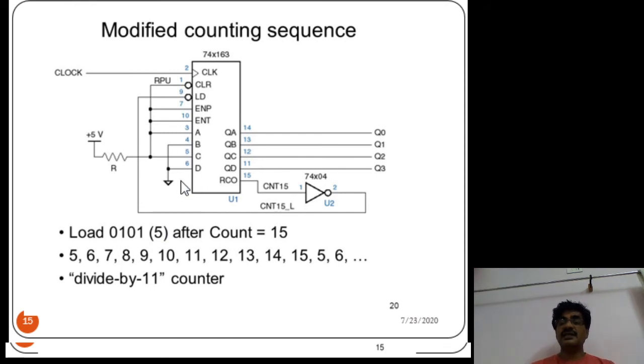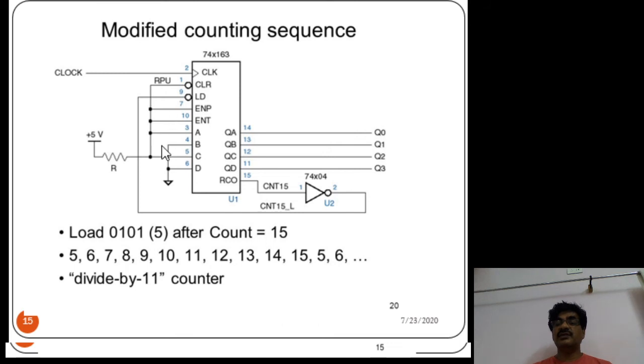The ABCD inputs are set to the binary equivalent of 5. Since A is the LSB and D is the MSB, D and B are at ground potential, that is 0 0, whereas C is 1 and A is 1.